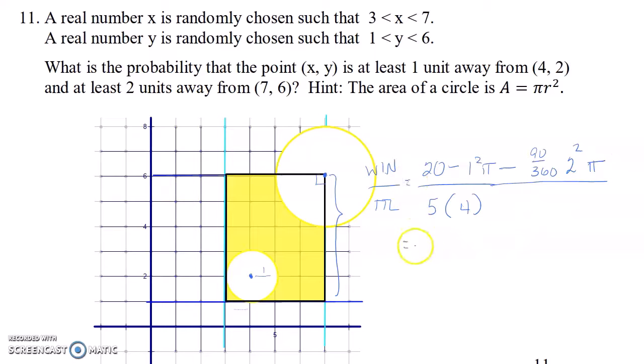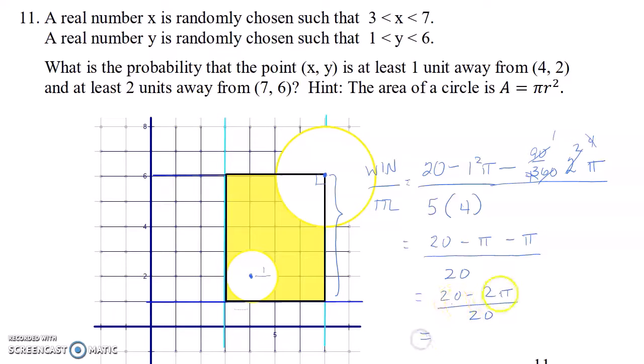So then when I simplify this, I get 20 minus pi, minus, that's 1/4, and that's a 4. So then 4 cancels out over 20. So now I have 20 minus 2 pi divided by 20.